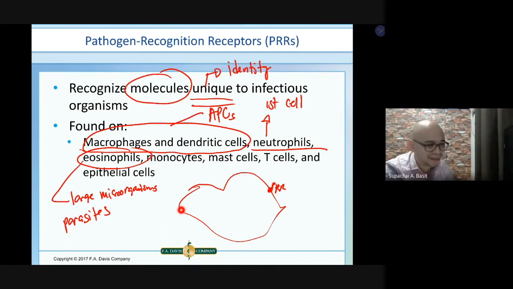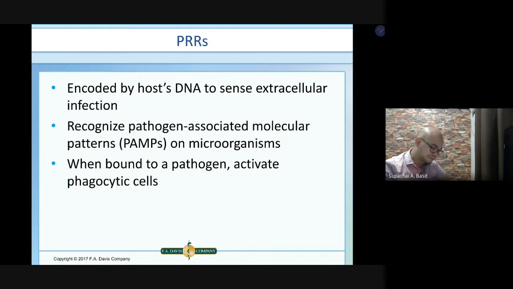They're too big. But WBCs such as eosinophils can attack them. Then monocytes will eventually become macrophages, and PRRs are also found in mast cells, T cells, and even epithelial cells. So that's what you call pathogen recognition receptors.